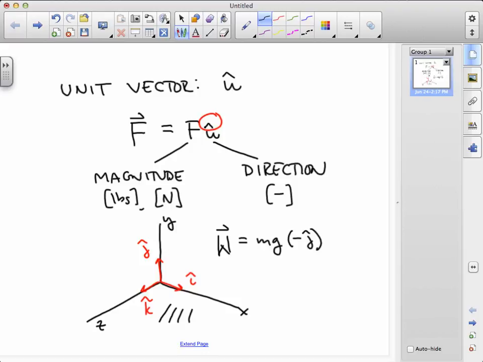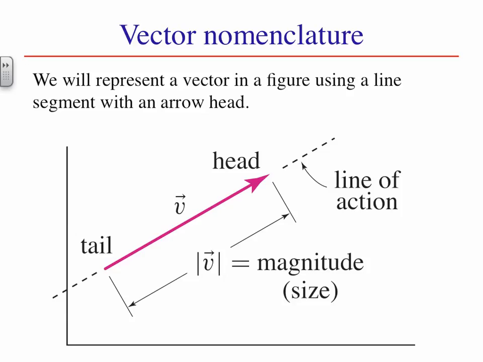We will return to unit vectors a little later. For now, you should make a note that this method of vector representation is as useful in 3D as it is in 2D.